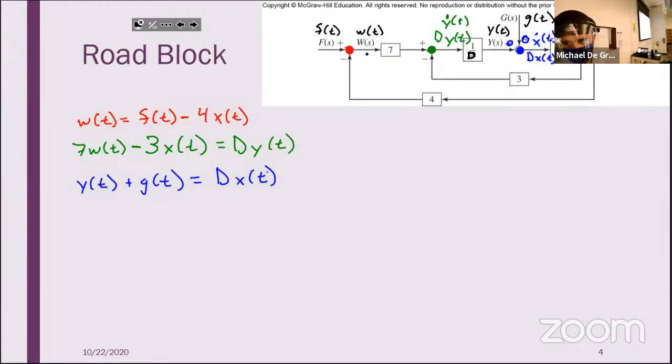Because you have y plus g at some point. Right? So remember, this is just telling us that at that specific summing junction, I've got y plus g equal to x dot. So you'll end up with a system of equations that you're trying to put together graphically. That's what you end up with.